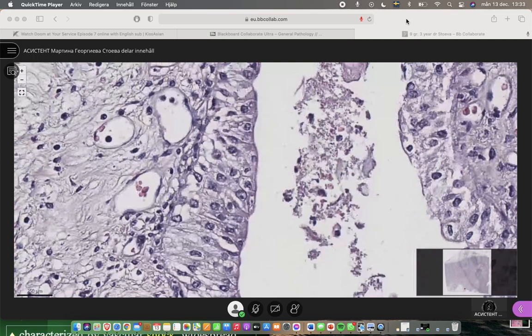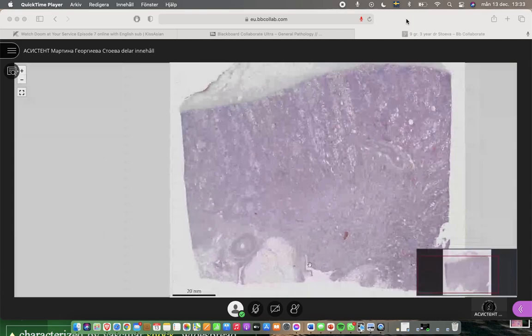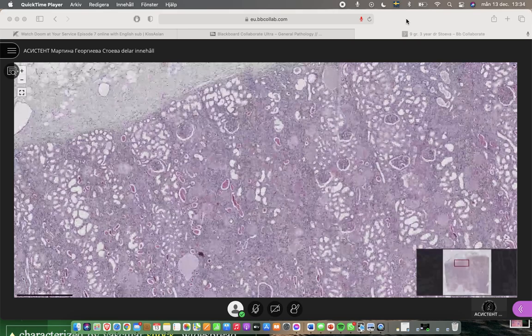So based on these normal findings of the calyx, and glomeruli in the cortex together with tubules, these structures are quite enough to say that the specimen is from the kidney. The other fat tissue that is visible on the other side is from the fat capsule of the kidney.